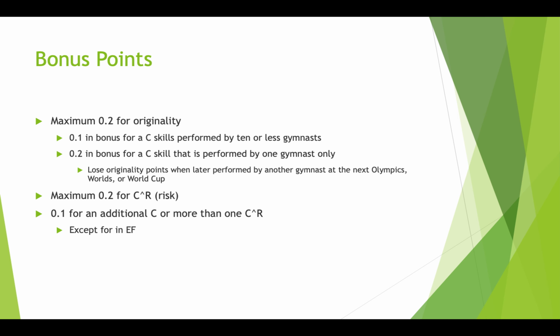But could still get 0.1 as long as no more than 10 gymnasts were performing the skill. So that means that there was another document outside of the code of points that listed these original skills and was updated from competition to competition. It's alluded to in the code of points, but I've never actually seen a copy of it.